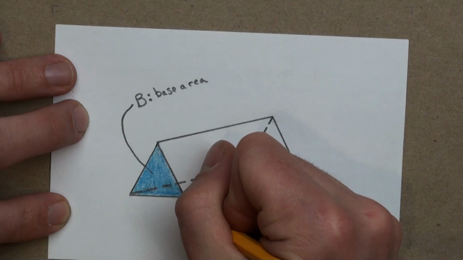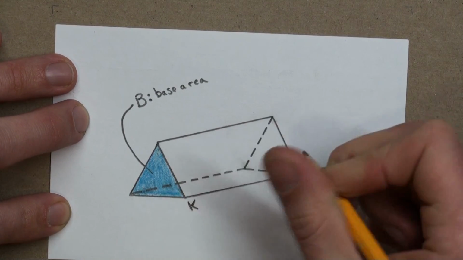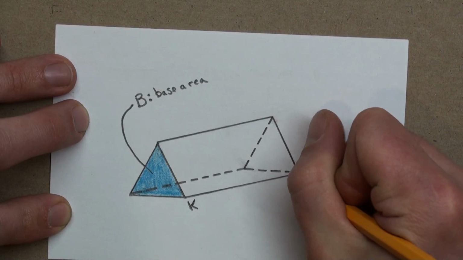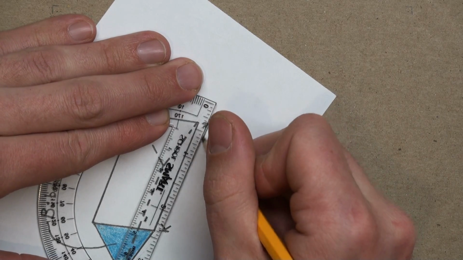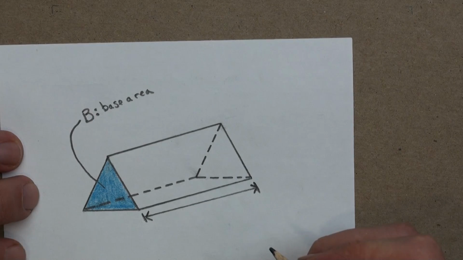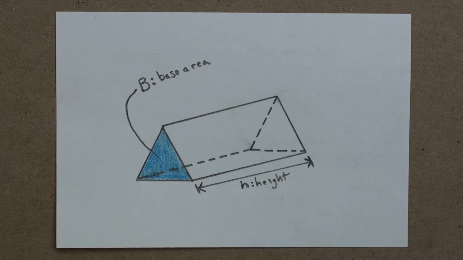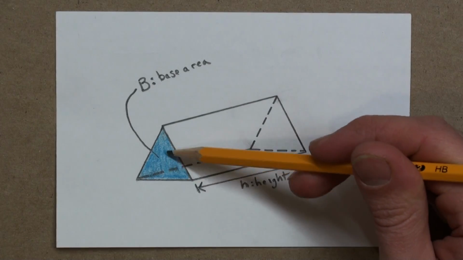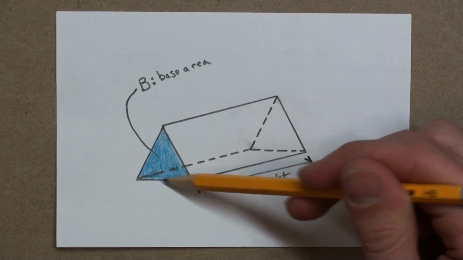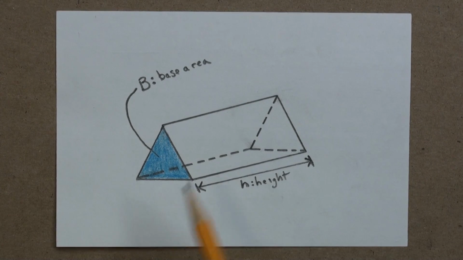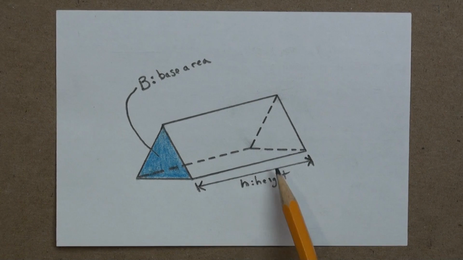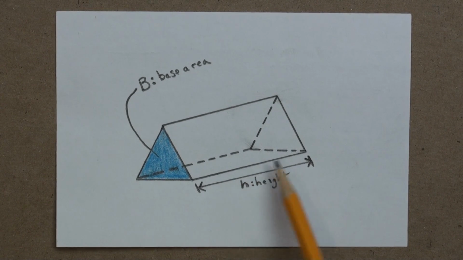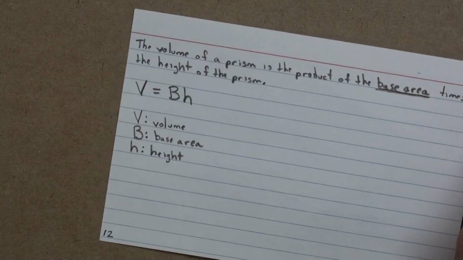And this distance here of the lateral edge is, okay, so again, this whole surface is an area, so B is not a length, B is not the distance of this line, B is the area of the base, okay, it's the base area, and H is the height or the length of the lateral edge, okay? So that's the next most important idea about prisms.